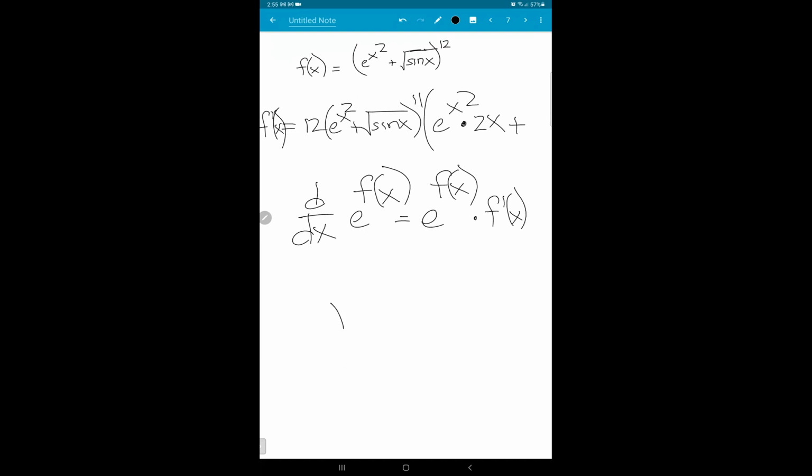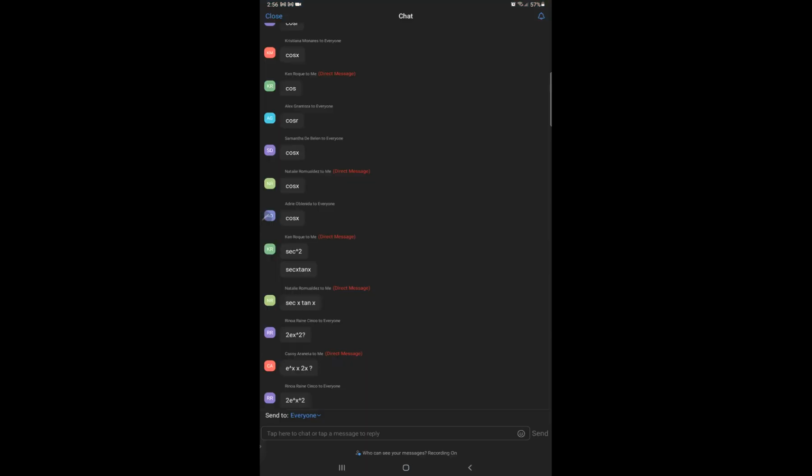Square root of sine x. Differentiate that with respect to x. What rule do you need to apply first? Or actually, there's just one rule you need to apply here.